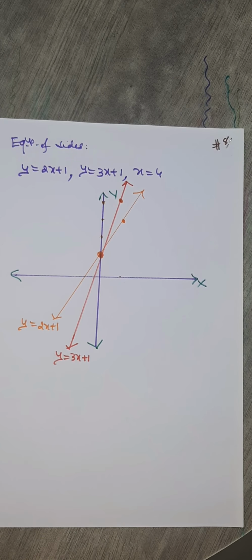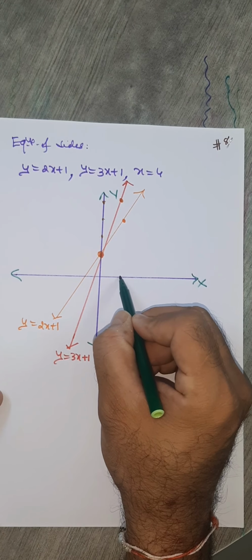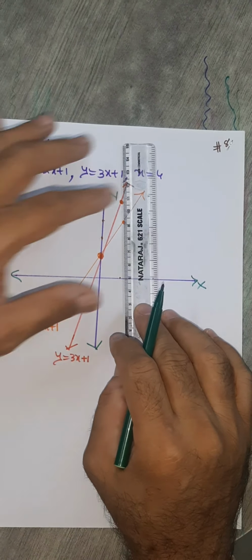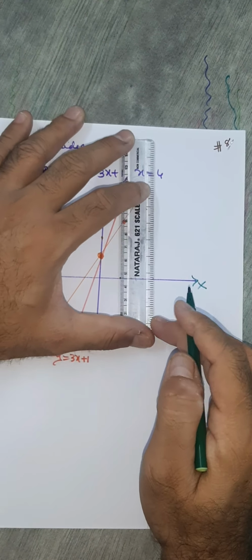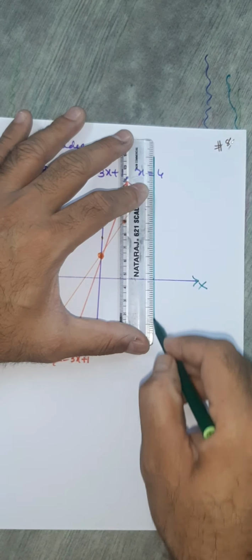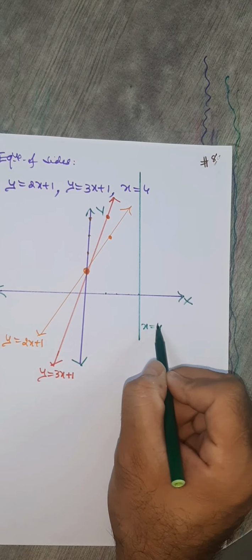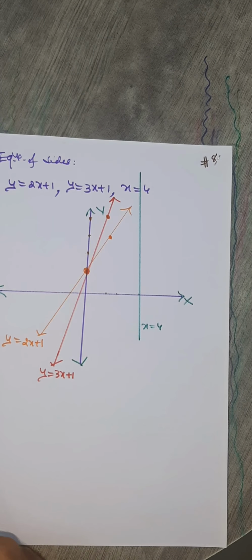Okay. What about the next one? One more. That is x equals to 4. That's the standing line, vertical line. So 1, 2, 3, 4. Roughly I'm showing here. Okay. You need to extend those 2 lines. This is x equals to 4 line. So I need to extend these 2 lines here.